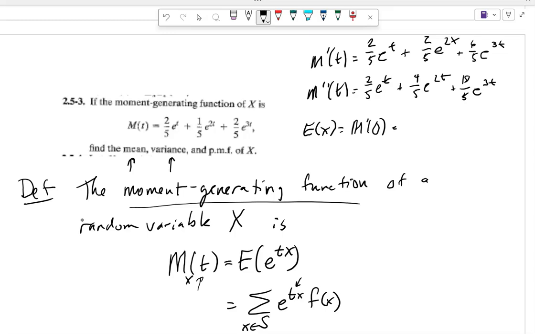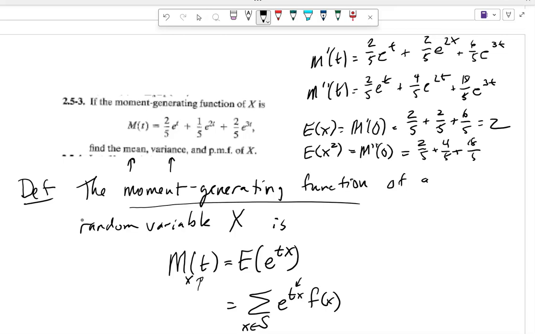So for expected value of x, we get 2/5 plus 2/5 plus 6/5, which gives us 2. And expected value of x squared is the second derivative evaluated at 0. We get 2/5 plus 4/5 plus 18/5, 24/5.